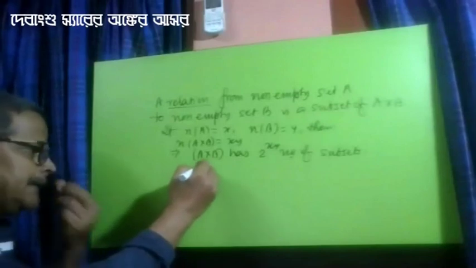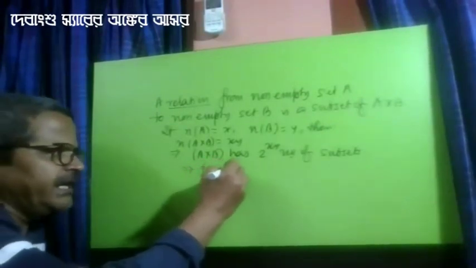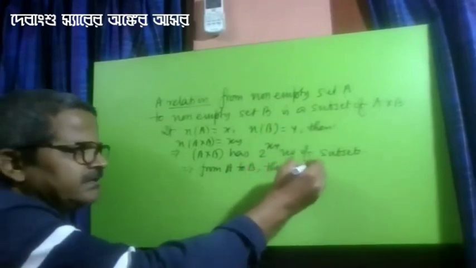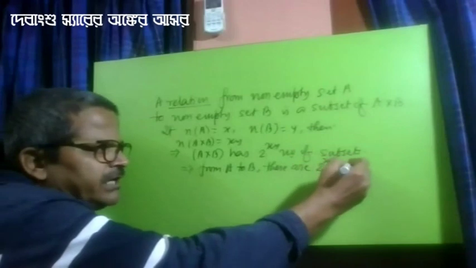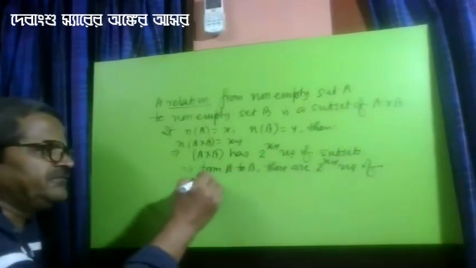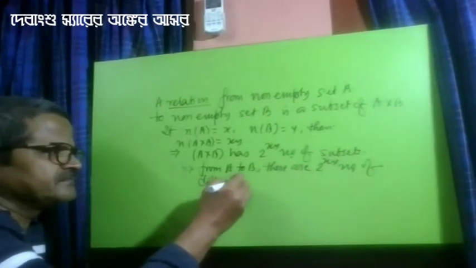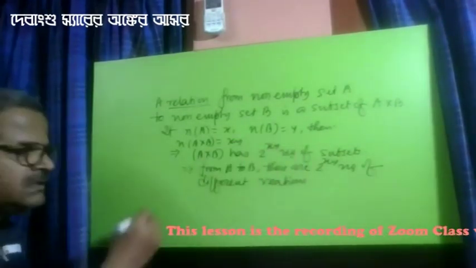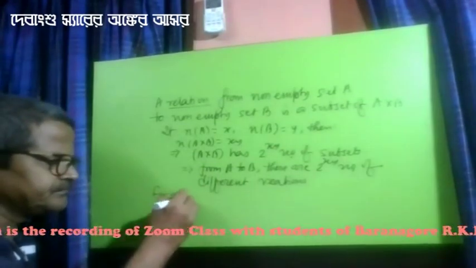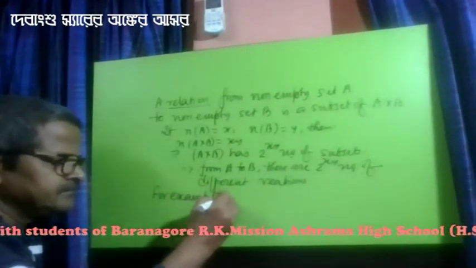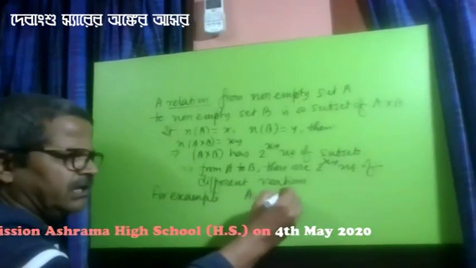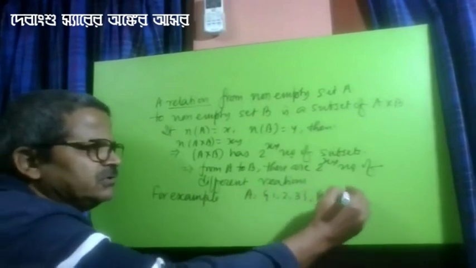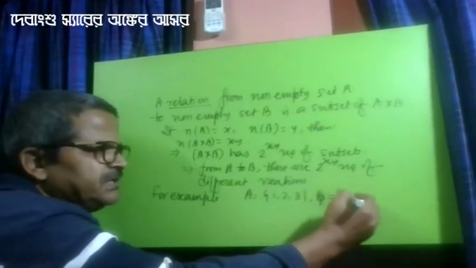That implies from A to B, there are 2 to the power xy number of different relations. For example, A is equal to {1, 2, 3}. B is equal to {p, q}.